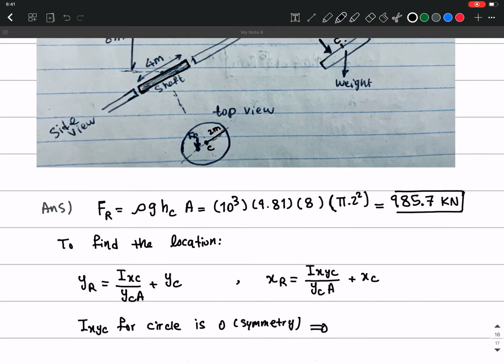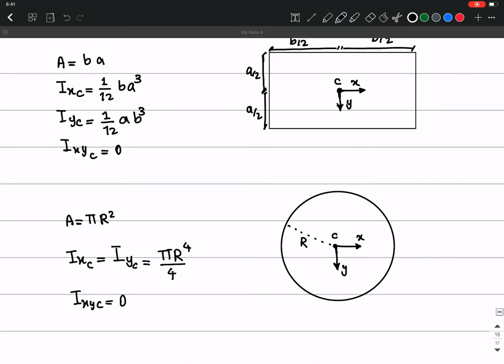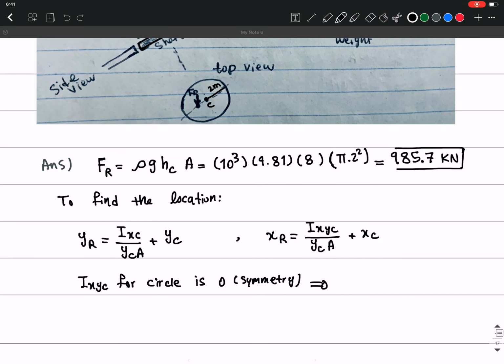And we have it here, right? Ixyc of a circle is 0. So xr is gonna be xc.